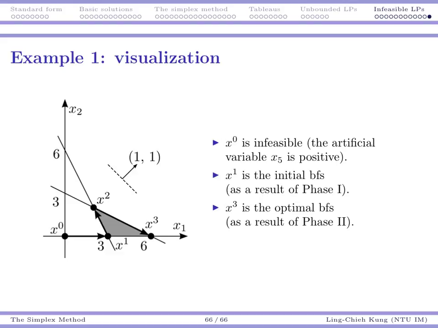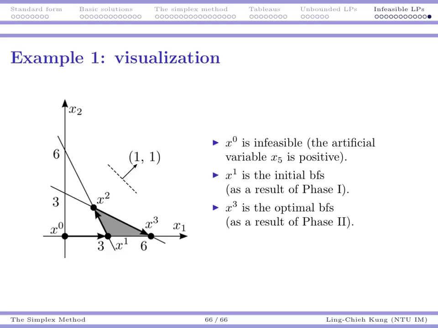If we can really cancel out or remove all those artificial variables, then we must be standing at a feasible point. Then we proceed. If we cannot, we conclude that the LP is infeasible.